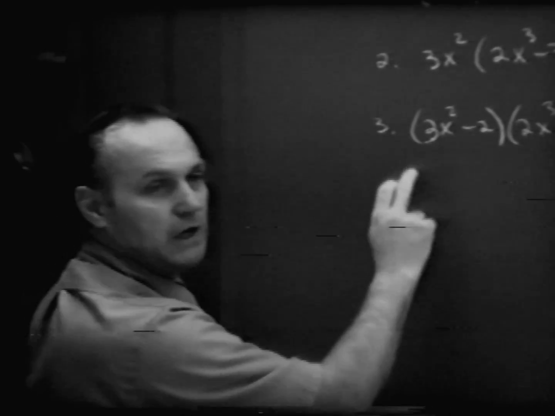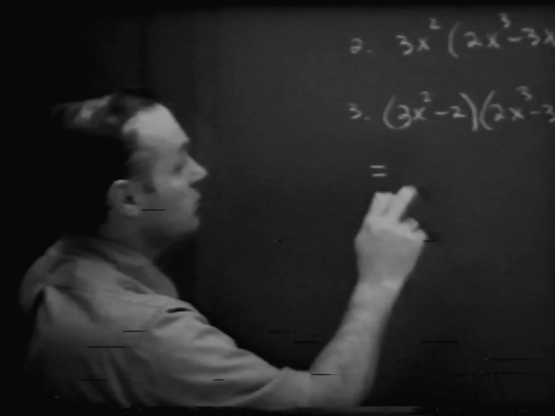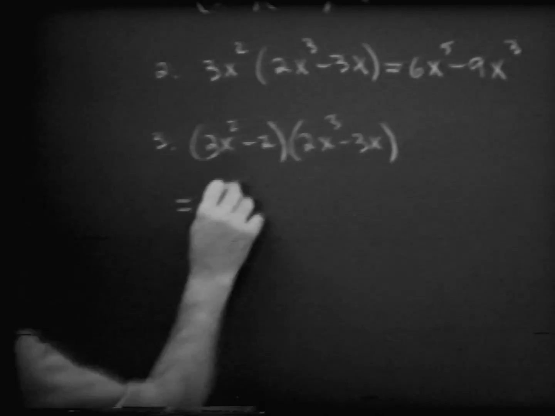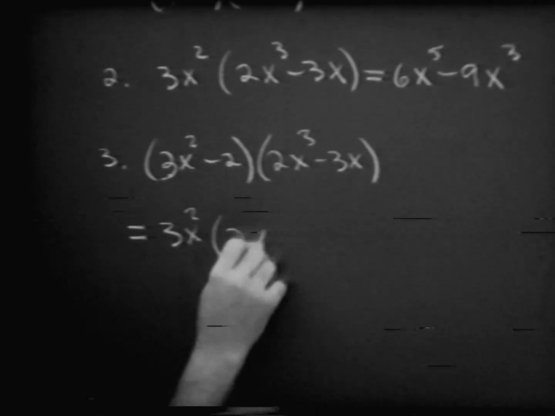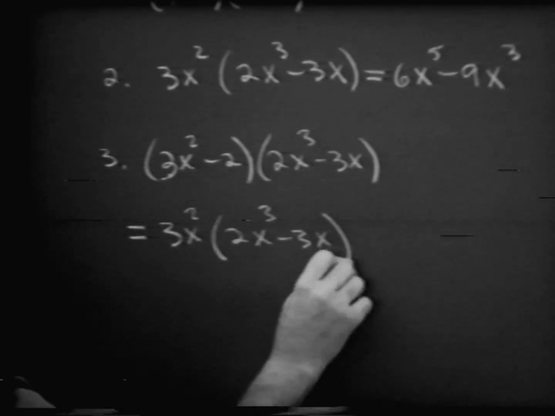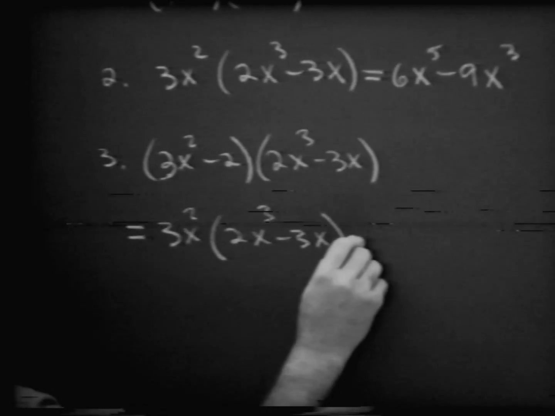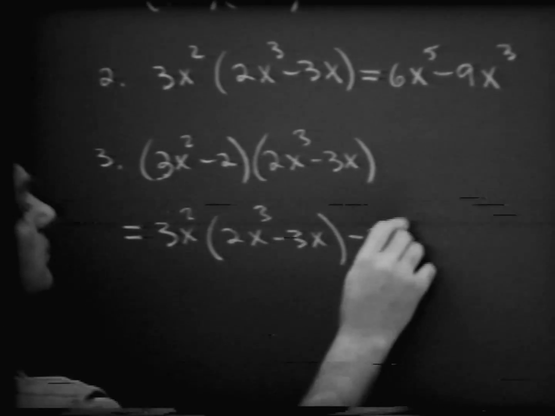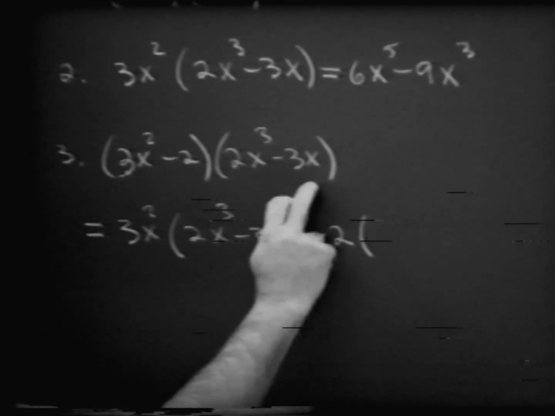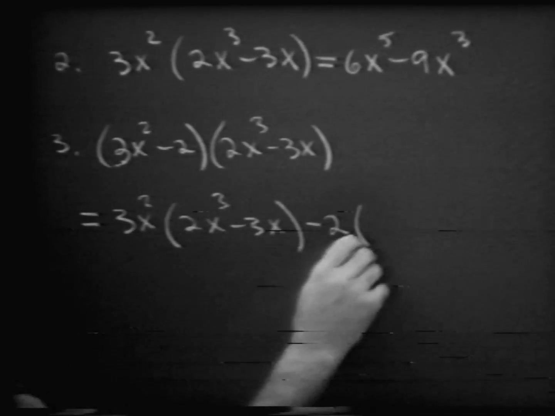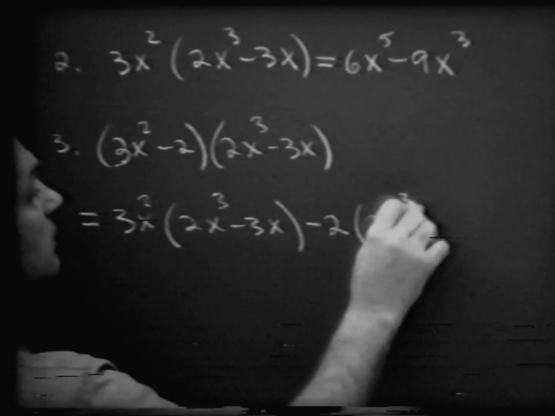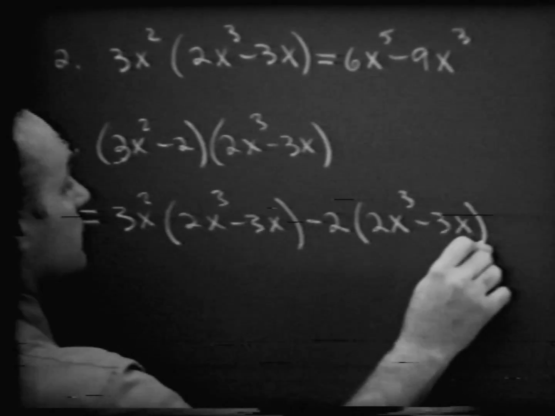Notice what we're going to do is to use our distributive property twice, namely 3x squared times 2x cubed minus 3x, and then what do you think we might want to write here? This then is going to be what? Minus 2 times, and again we would like to have the second factor of what? 2x cubed minus 3x, all right?